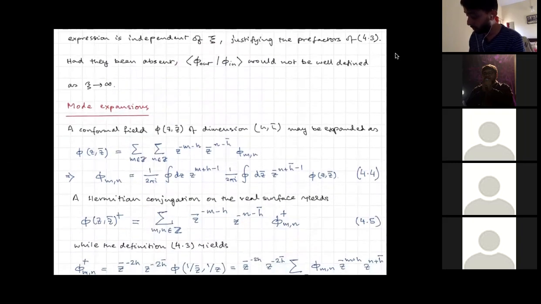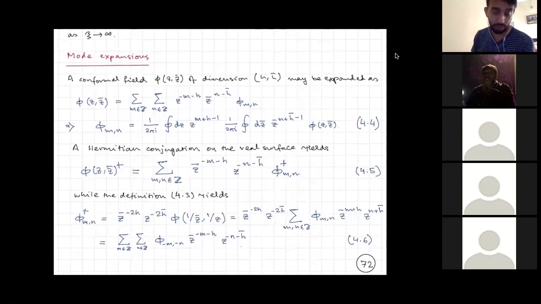Now, next, what we want to be doing is looking at mode expansions. So when we have a field phi of z, z bar, which has dimensions h and h bar, we will expand this in terms of modes phi mn as the following.